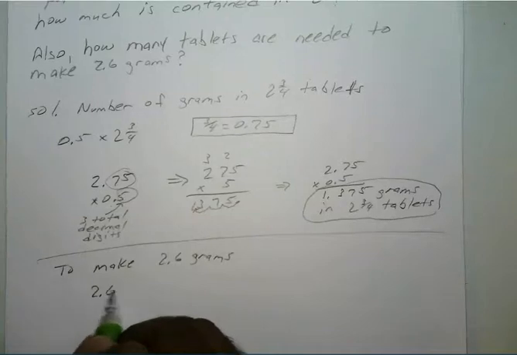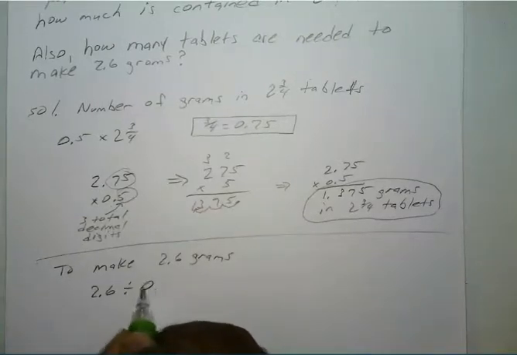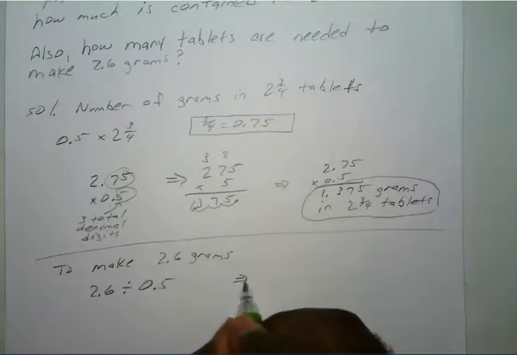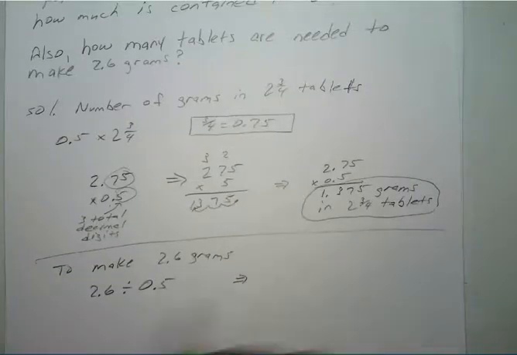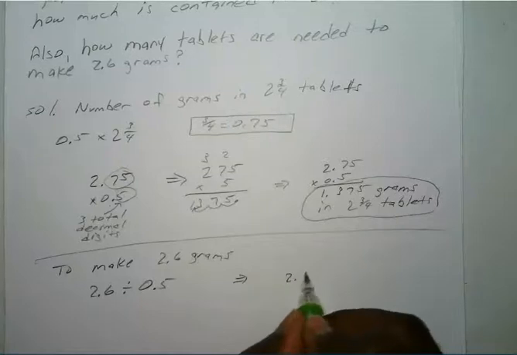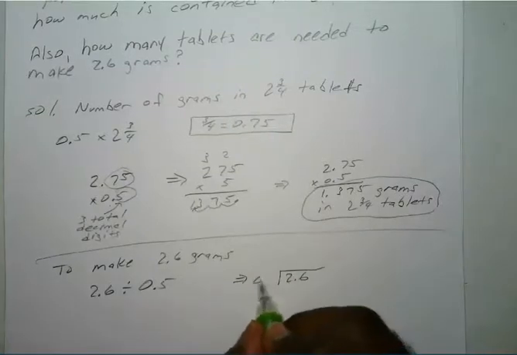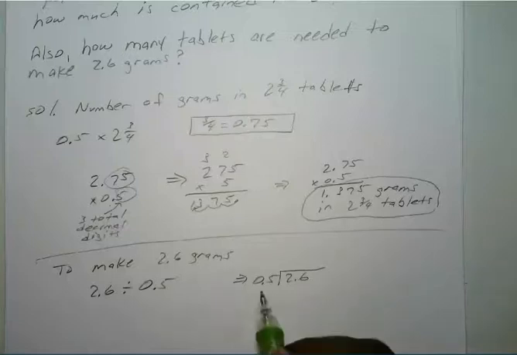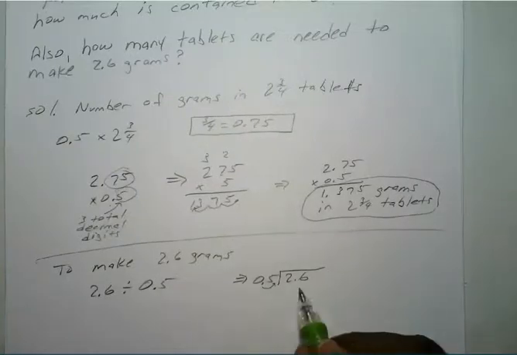So you have 2.6 divided by 0.5. We know we have to make the outside value a whole number, so we move that decimal once.